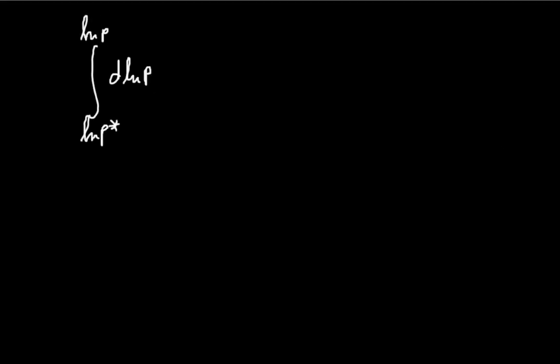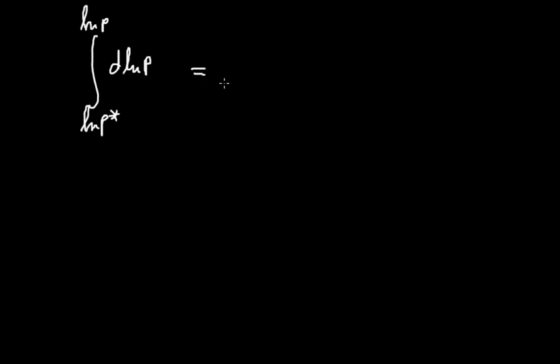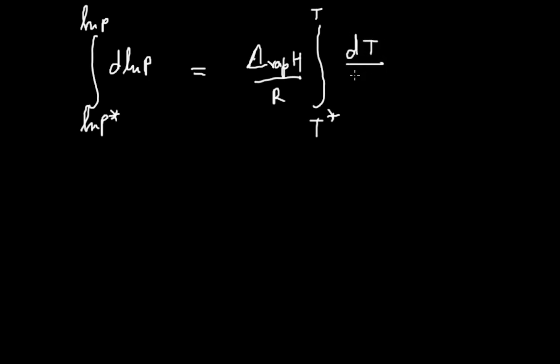So if I integrate d ln P, between ln P star and ln P, and since delta vaporization H is a constant independent of temperature, I am going to take it out of the integral, and integrate dT by T squared.